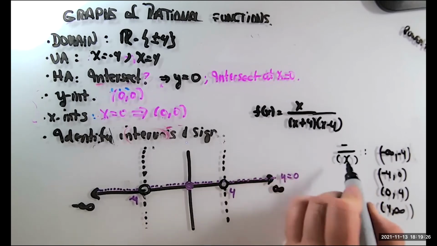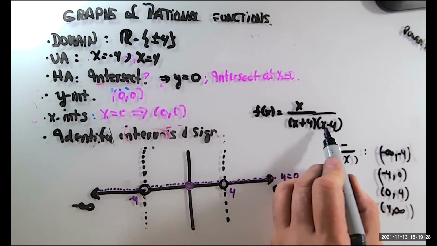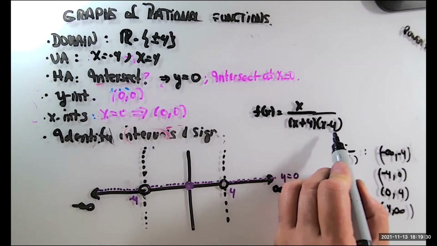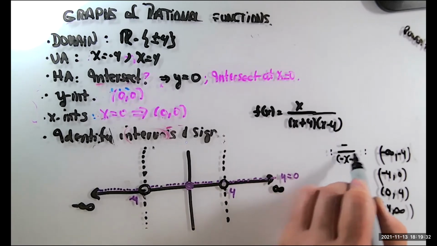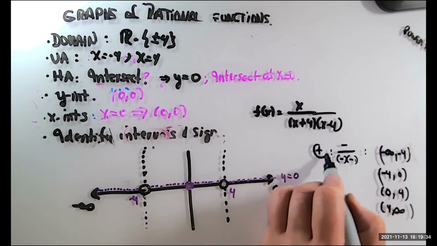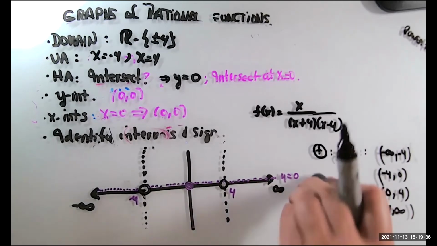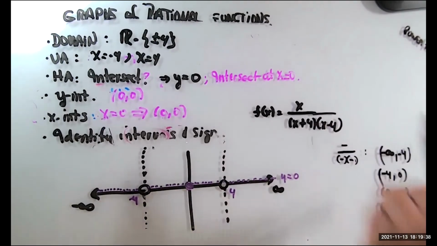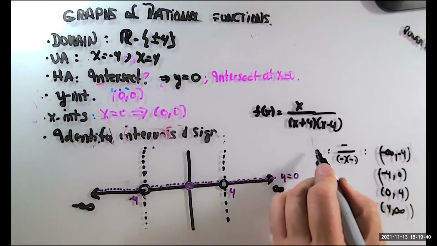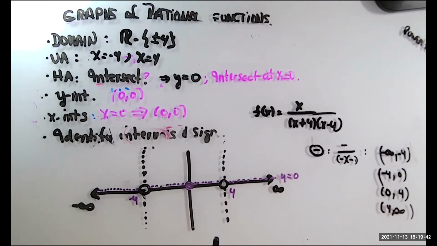Negative 10 plus 4, that's negative. Negative 10 minus 4, that's negative. So I have 3 negatives in multiplication and division, the answer will be negative. Okay, let's do the next one.